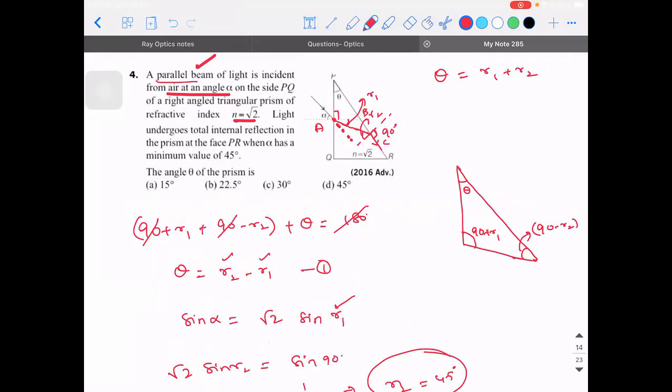What do they mean by a parallel beam of light incident from air at an angle alpha on the side PQ? They check when alpha has a minimum value of 45.